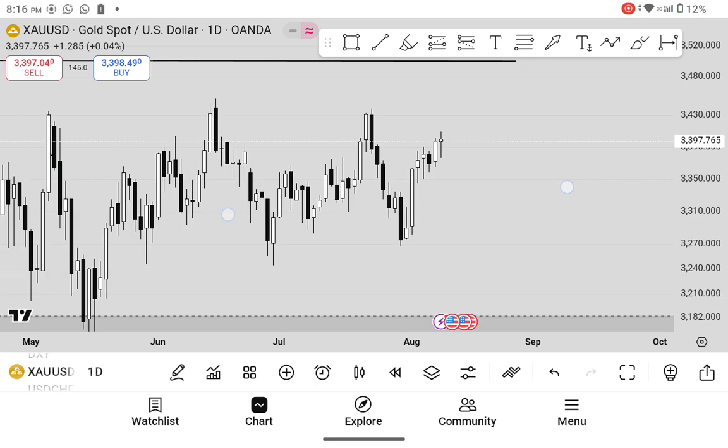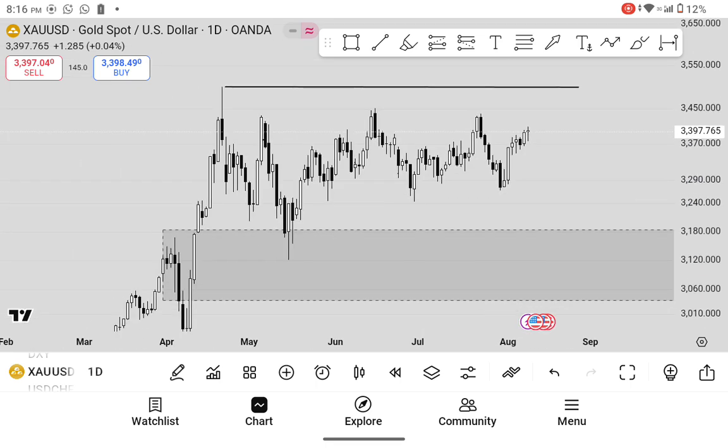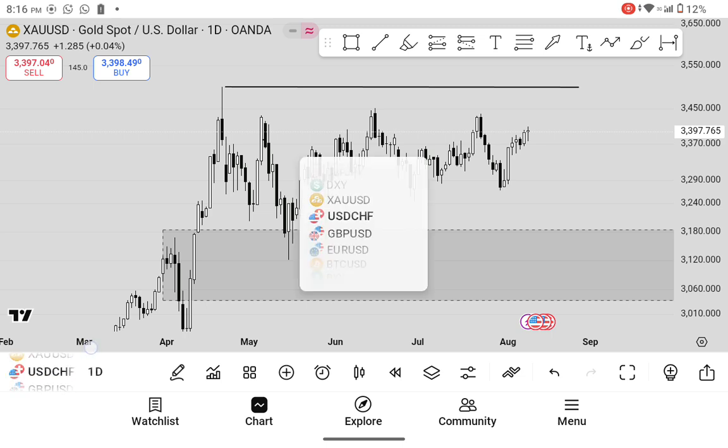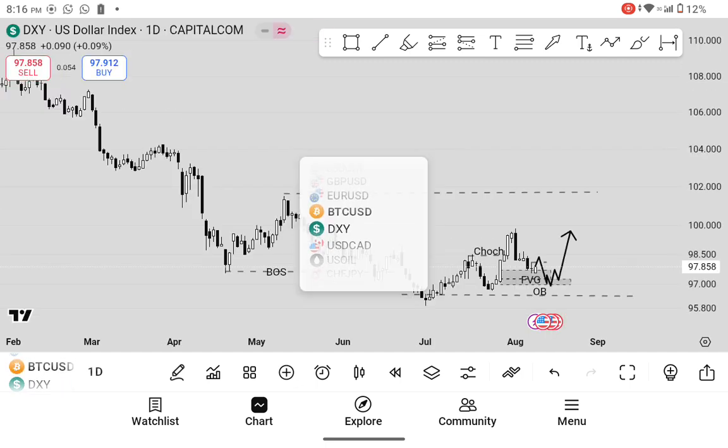I'm avoiding gold all this while because gold has been consolidating. I only take gold if it breaks above that neckline. If gold breaks above that neckline, I'm going to wait for a pullback to look for more buy opportunities. I'm looking at gold to continue buying, but I need to see a break of that neckline. So I don't trade gold recently, I just observe. So BTC, let's talk about BTC a bit.